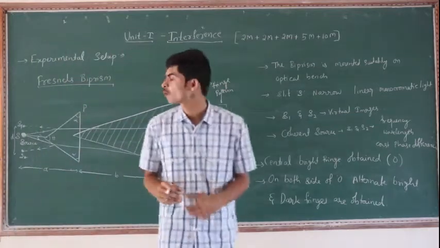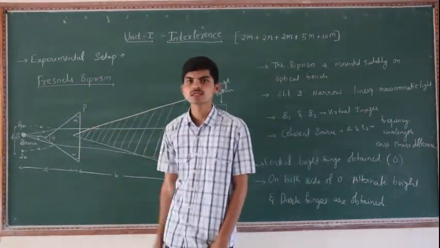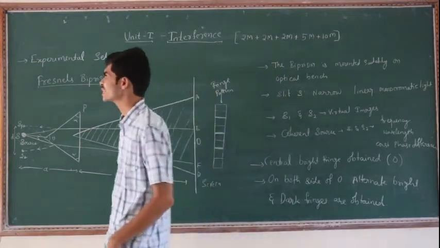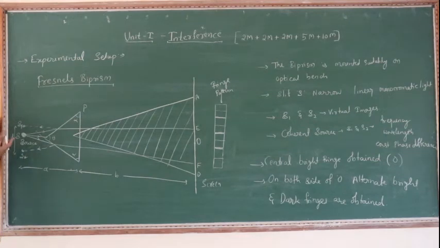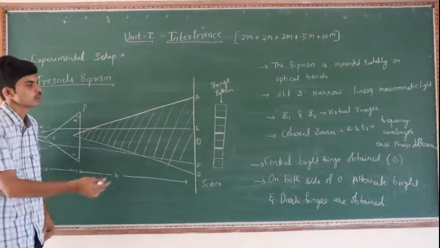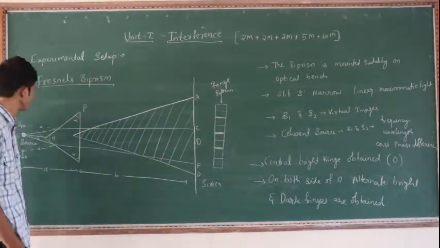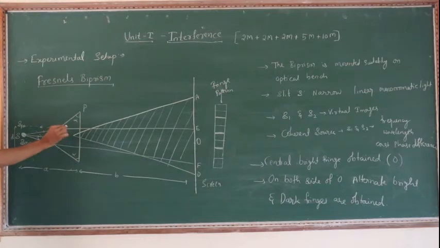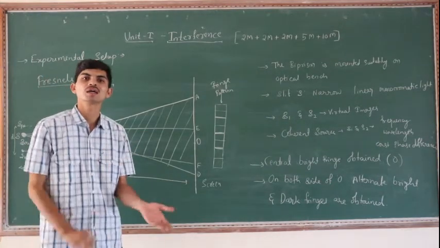Next part is the experimental setup of this Fresnel's biprism. In this experimental setup, we have the prism, the source, as well as the screen, and this is the fringe pattern. First of all, consider this biprism and set it up on the optical bench.